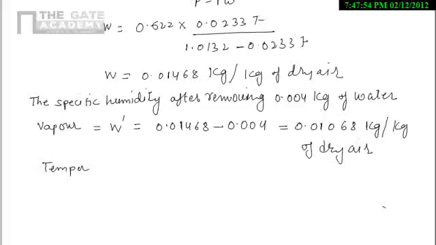The dry bulb temperature is now given as 20 degrees centigrade. Suppose that is T dash, 20 degrees centigrade. Now again we have to calculate the partial pressure of water vapor.